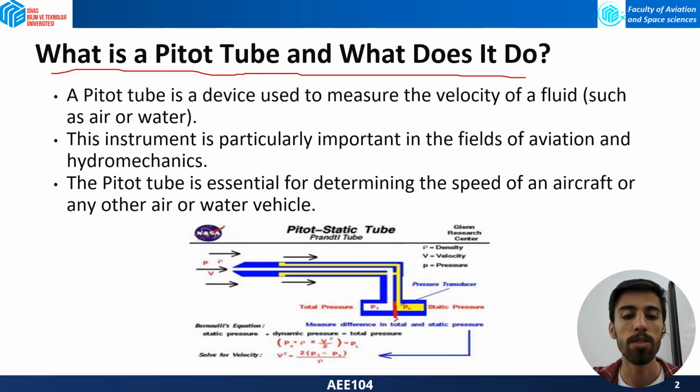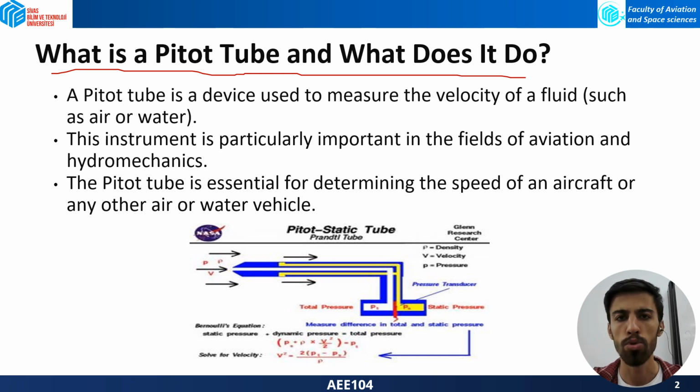Yes, I said that this instrument is particularly important in the fields of aviation and hydromechanics. We are interested in aviation, because we will be aircraft engineers. The PITOT tube is essential for determining the speed of an aircraft or any other air or water vehicle.